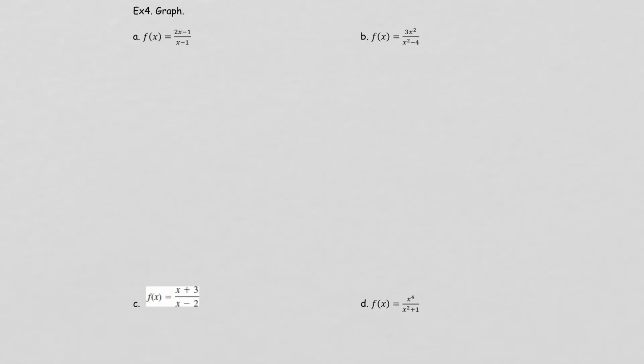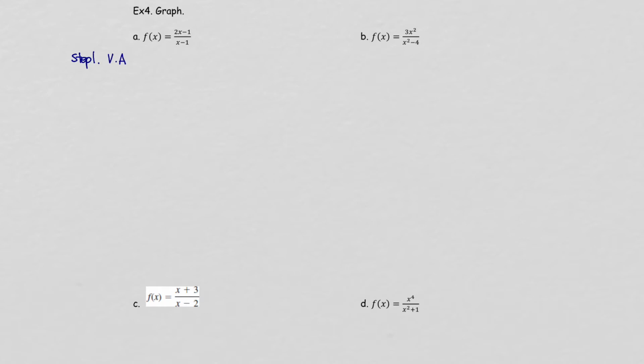Okay, now I'm going to show you how to do the full graphing of rational functions. So the first thing we want to do, step 1, is find all the asymptotes first, right?